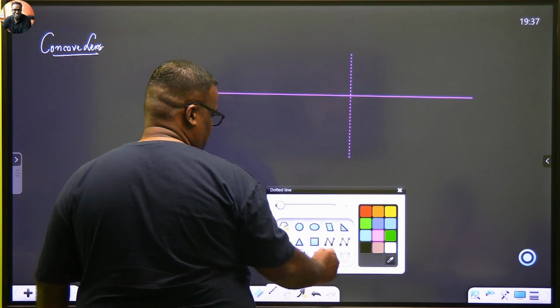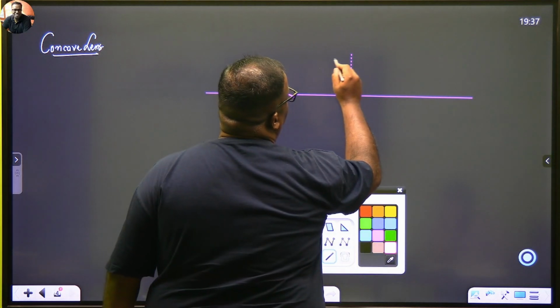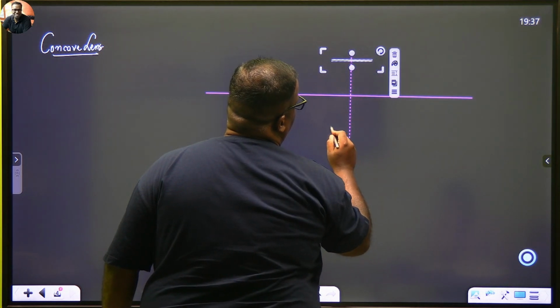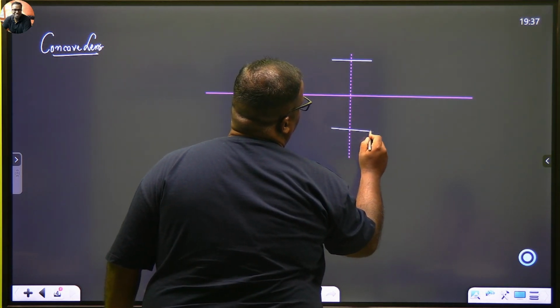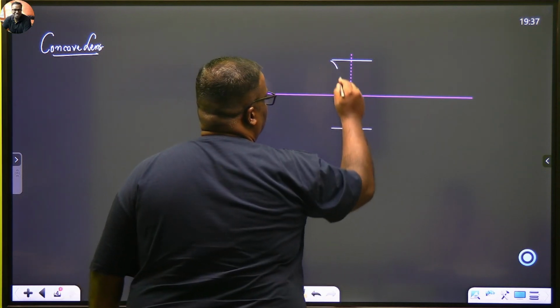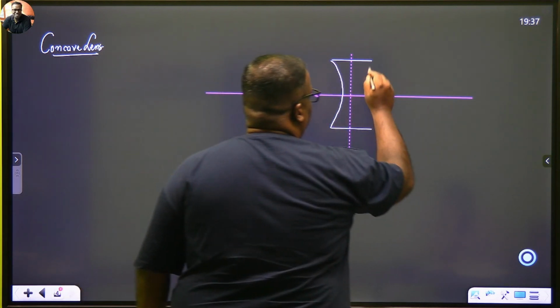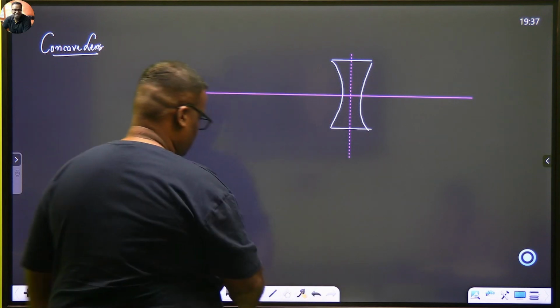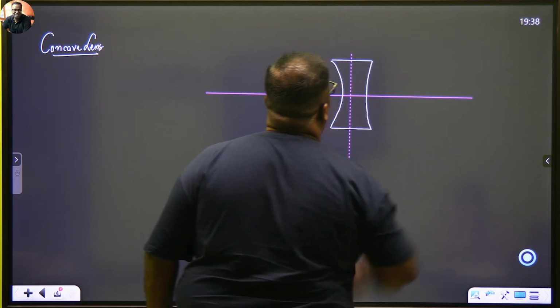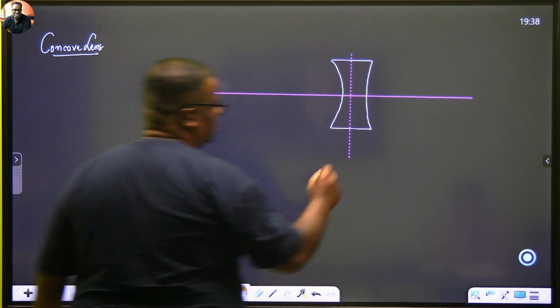Okay, so our lens this time is a concave lens. So how does a concave lens look? This is a concave lens, right?